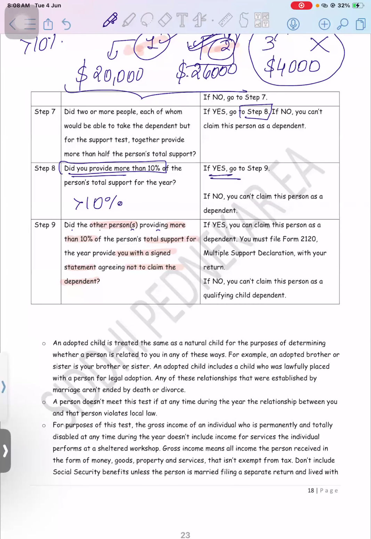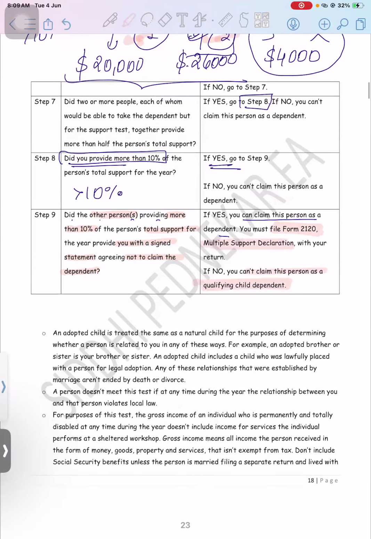Did the other person providing more than 10% support give a signed statement that they are not claiming the dependent? If yes, you can claim this person as a dependent. You will be filing Form 2120, that is the multiple support declaration form. If no, you can't claim the person as a qualifying child or qualifying relative.